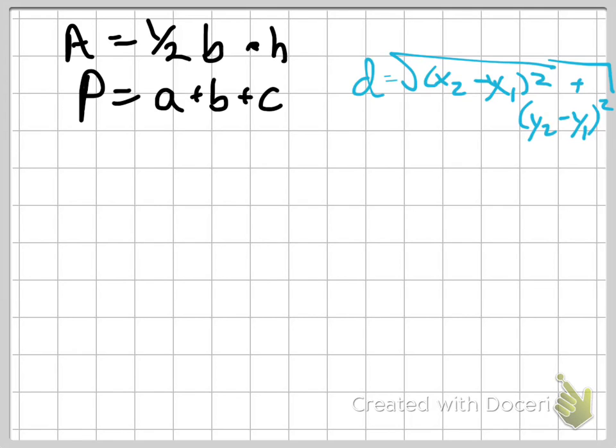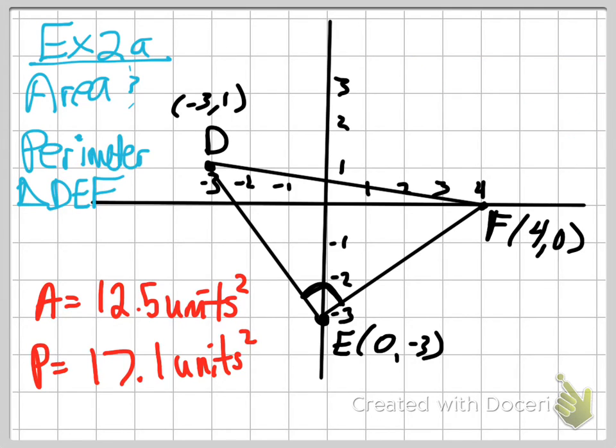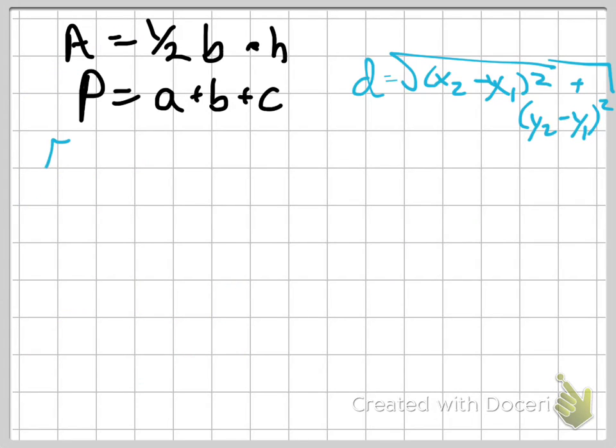So I'm going to look back over at my grid here, and I'm going to label sides A, B, and C. Also, remember the right angle is where your base and your height are going to be. Doesn't matter which one's which. So I'm going to find side A first. So side A is segment EF. So I'm going to find the distance of EF.